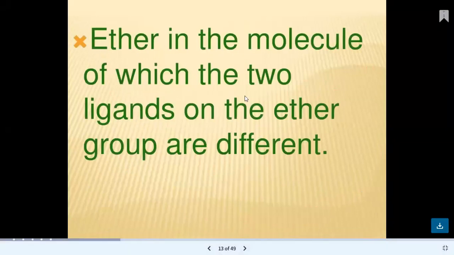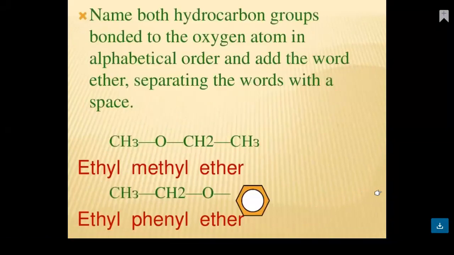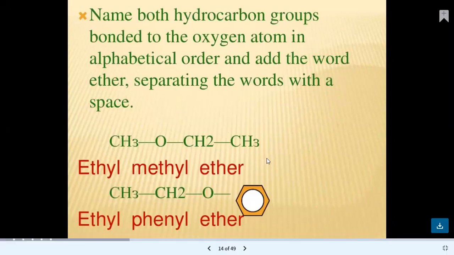Ether in the molecule of which the 2 ligands on the ether group are different. These are the ones, the unsymmetrical ethers, that don't have the same chain to both sides, like this, like this.